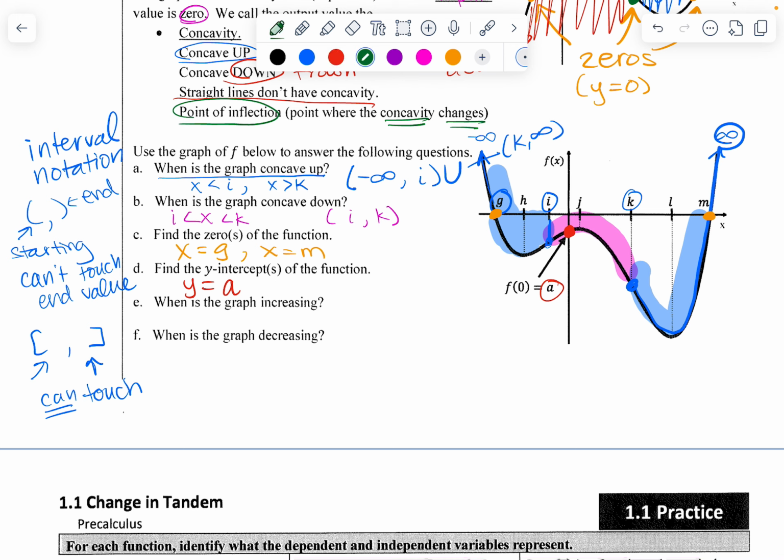When is the graph increasing? So we're increasing when it goes upwards from left to right. So we can see that it starts to go upwards here, and we see that it also starts to go upwards here. So how do we say increasing?